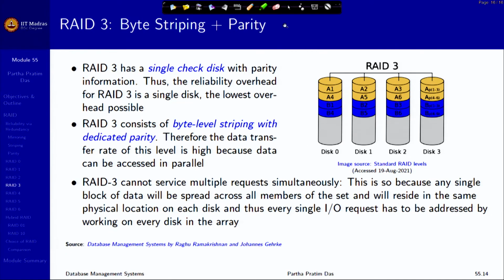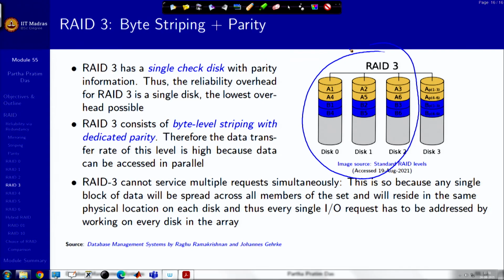In RAID 3, you use a mix of byte striping with parity. You use a single parity disk. So, you are doing byte striping, not bit striping. You are writing A1, A2, A3 like this, and then you have a parity disk.